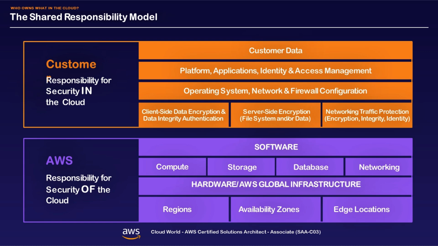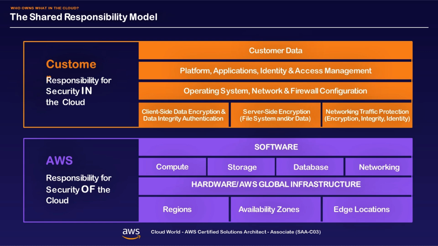So they're responsible for the regions, the availability zones, and the edge locations. They basically don't advertise where the availability zones are, where the data centers are, because they don't want people just rocking up at their data centers trying to get in. They're responsible for the physical security of the data centers. So to get in, you have to go through security checkpoints. There'll be chain link fencing around the data centers, etc. They're responsible for the hardware and all the physical assets within the data center.